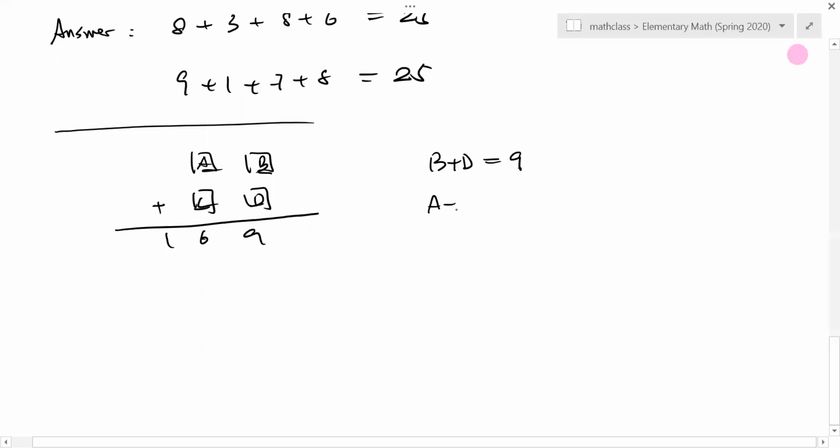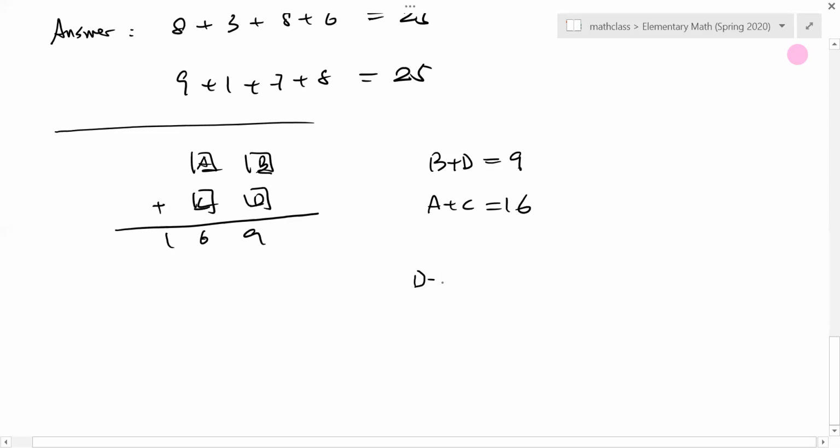Then C plus A must be 16 from this expression, because nothing came from B plus D. If B plus D were 19, then you would also get a 1 carried over. But you don't get anything from B plus D. So A plus C must be 16. There are multiple solutions for B plus D, so many of them.